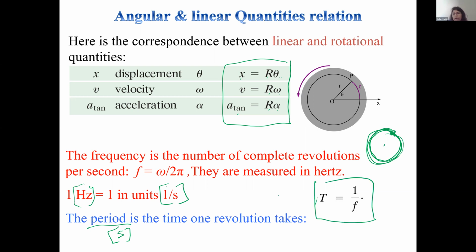Frequency and period are related to each other. T is the symbol we use for period, and frequency uses the symbol f. So if you understand one thing, then you will know the other. Period is the time to complete one cycle. Frequency is 1 over the period. That's how you calculate it.